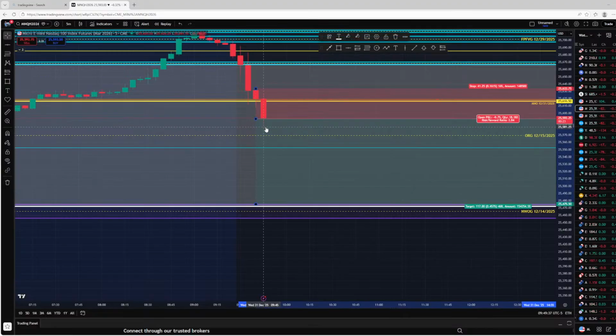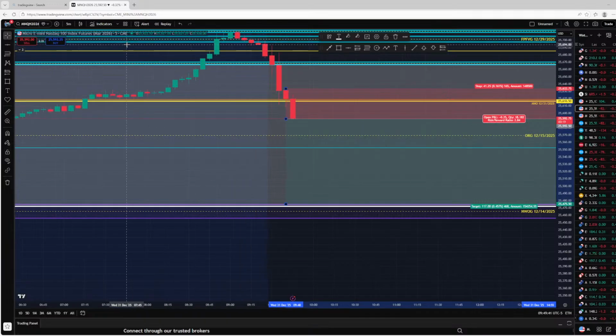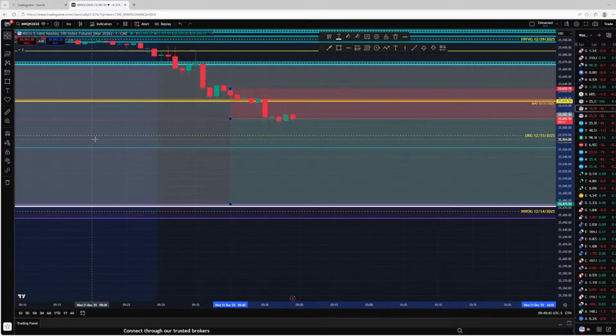If I move my entry down here, that would be almost a 3-to-1 risk to reward. I would rather the market go up just a little bit to make my risk to reward a little bit better. But I am going to look for some sells right up in here.